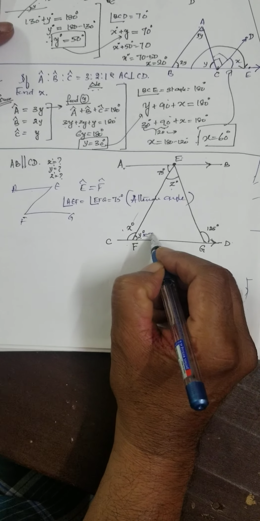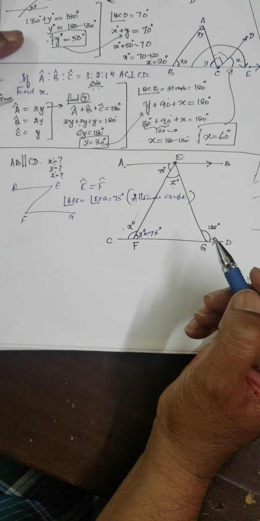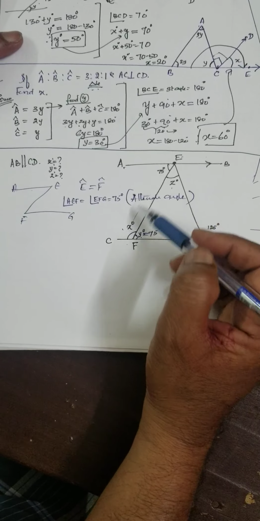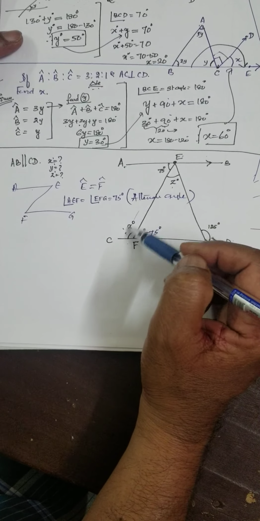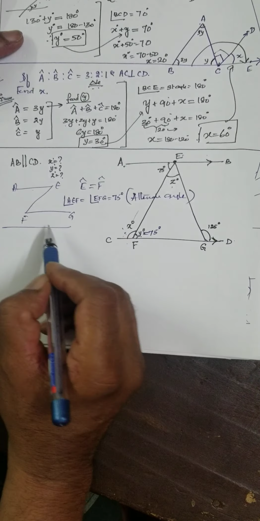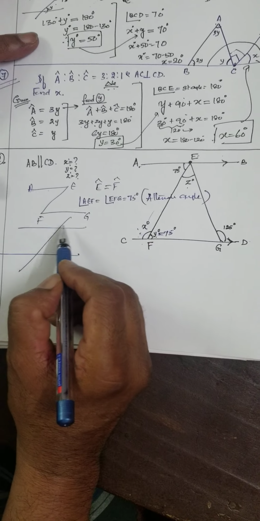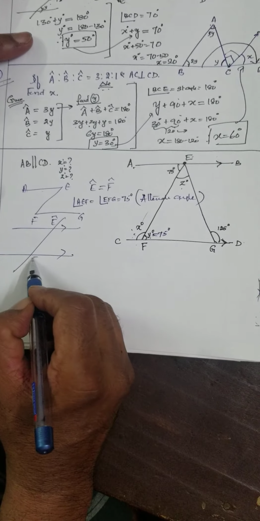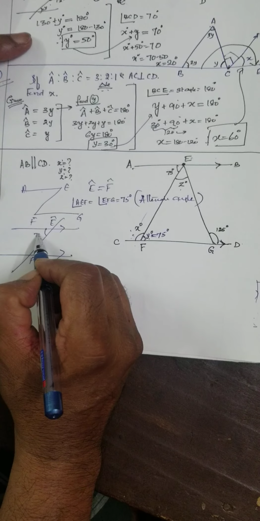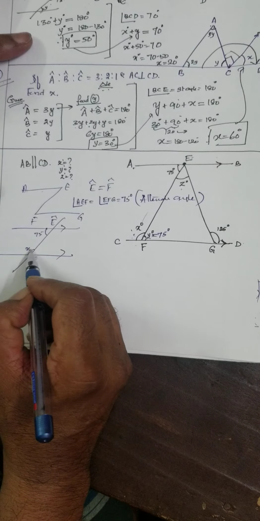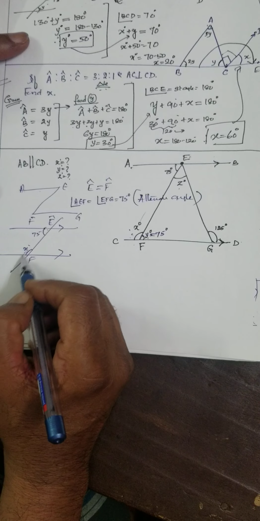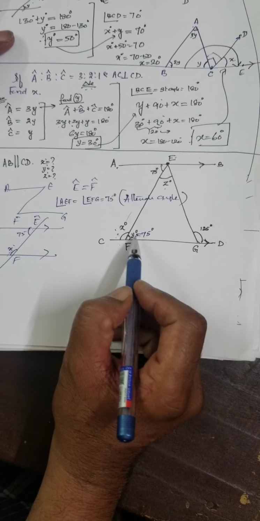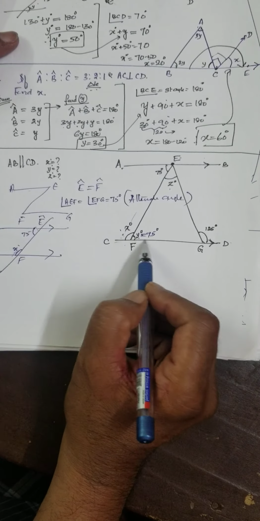Therefore this is 75 degrees. Now these two are what? Supplementary. You take this, this is the transversal of two parallel lines. This is E, this is F, this is 75, this is X. Therefore these are supplementary, right? Or this is 75, then you can find out, this is a straight angle.